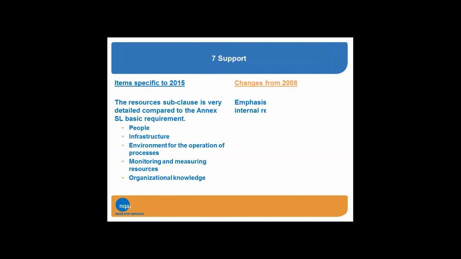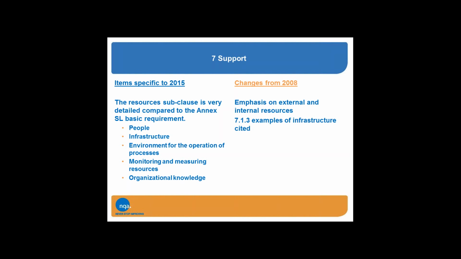What's changed from the 2008 9001? There is an emphasis on external and internal resources. I think it's fair to say in 2008 the emphasis was more on internal communications, internal resources. The 2015 standard has more emphasis on external also.